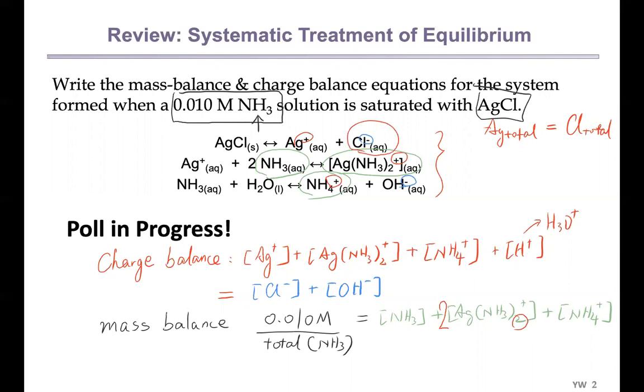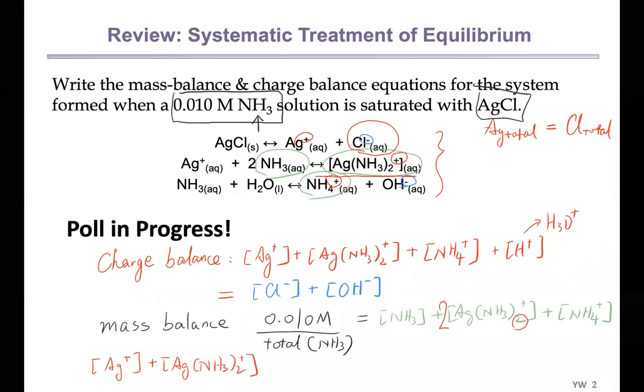It doesn't form any complex ion, but the silver part actually forms a complex ion, right? So the total amount of silver should be silver plus the silver ammonia complex, and these two added up should equal chloride.